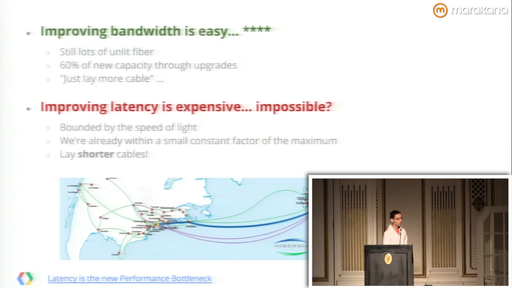So as an example, just last year there was a project kicked off by a couple of companies, which is called Hibernia Express. And the entire premise of this project is that they are laying the shortest cable between North America and London, right? And this cable will save 5 milliseconds of latency.